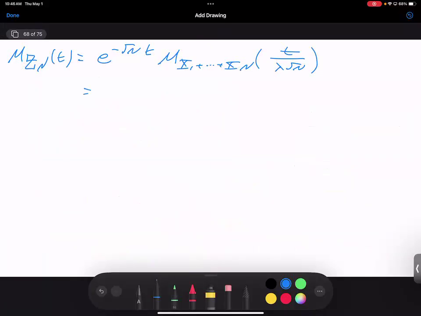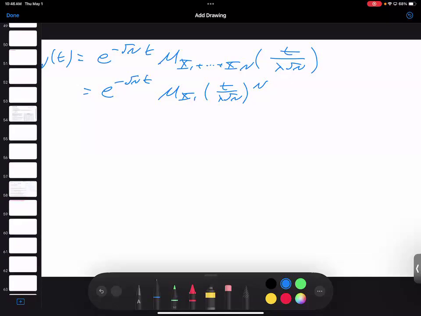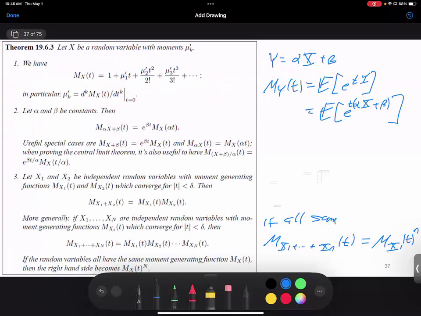So this is just going to be e to the negative root n t, the moment generating function of one of them at t over lambda root n, to the nth power. Is everybody comfortable with that? We're using that the moment generating function of a sum is the product of the moment generating functions. So going back, that's the property over here. Since they all have the same moment generating function, it's just the first one to the nth power.